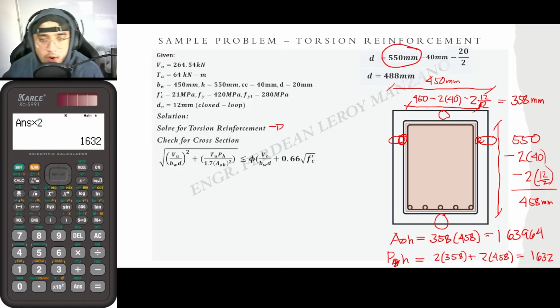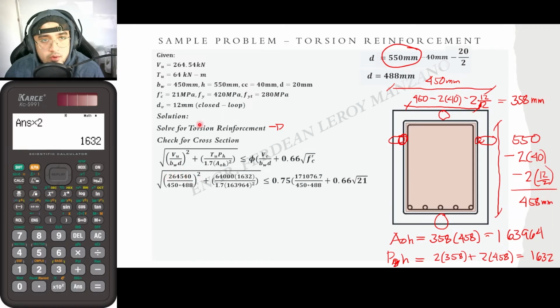So substituting all known values to our equation on the left, VU is equal to 26.54. But take note that in order for us to have unit consistency, let us convert this into newtons first. So 26,540 newtons divided by 450 times 488. Take note that this is D, not H. Plus TU, and our TU is 64 kilonewton meter.